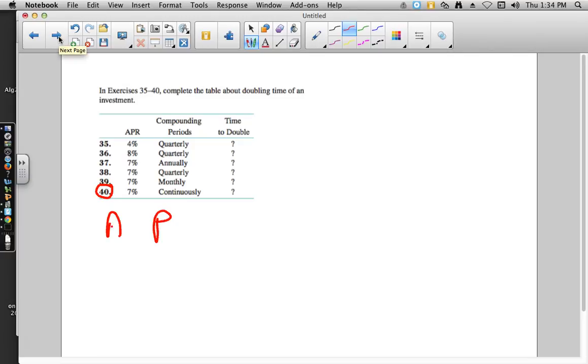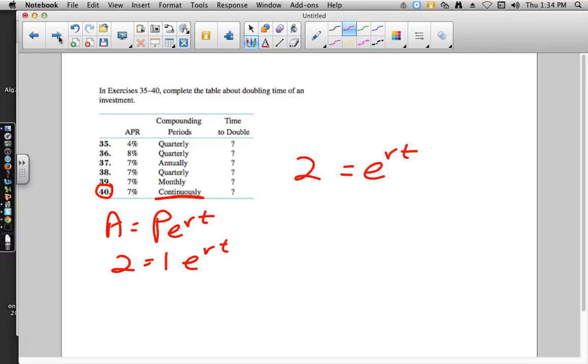So that's the A equals P e to the rt formula. Again, we can just go with $2 and $1. Pretty basic way to think of it. And for number 40, since this is compounded continuously, we have this little 0.07 that we can put into the formula.